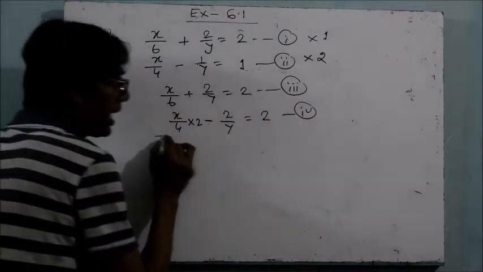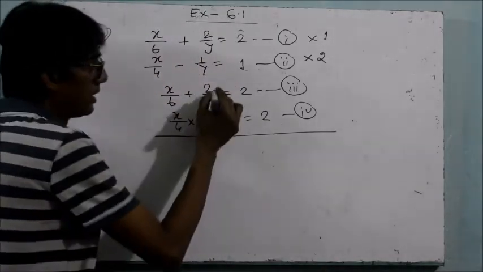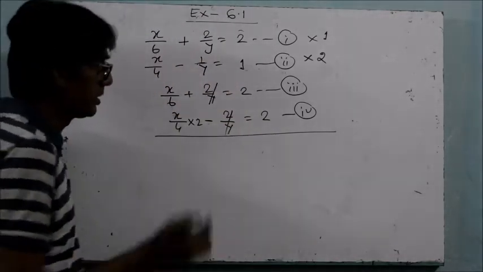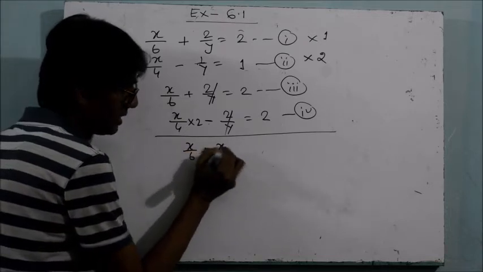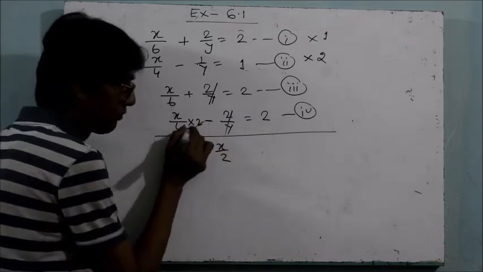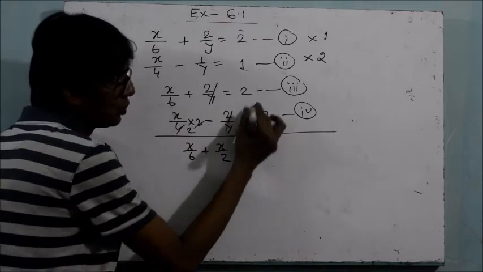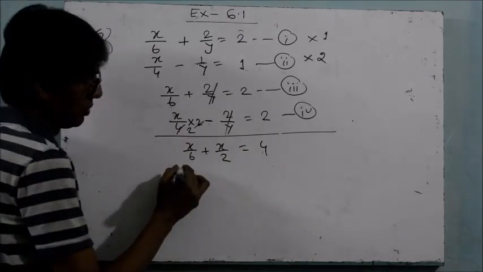Now adding both equations, the 2 by y is omitted. Here x by 6 plus x by 2, and 2 plus 2 equals 4.